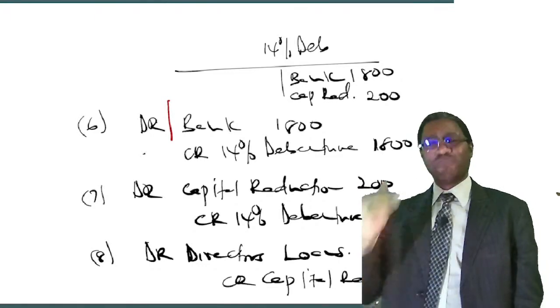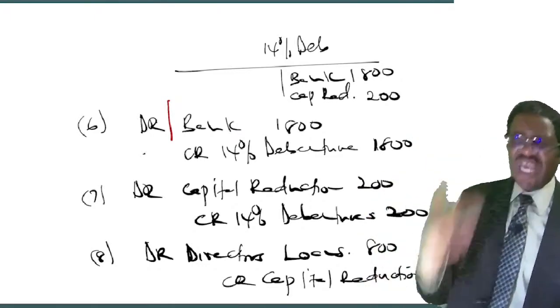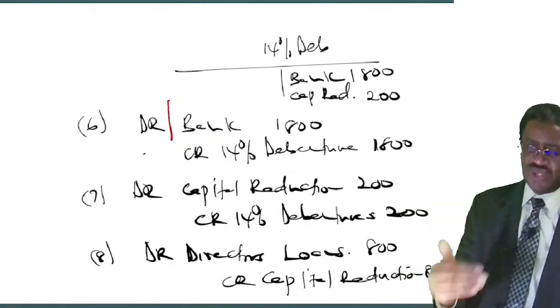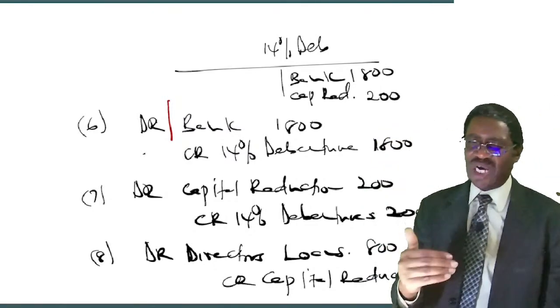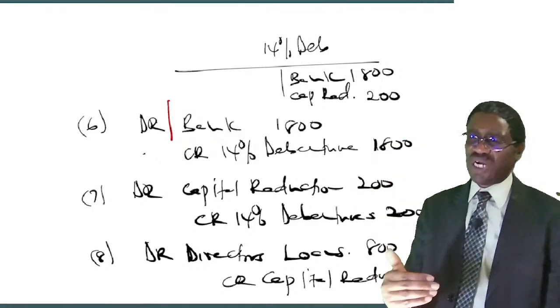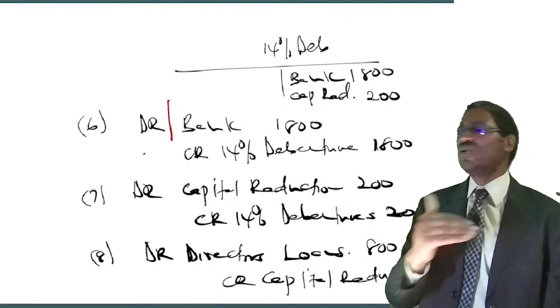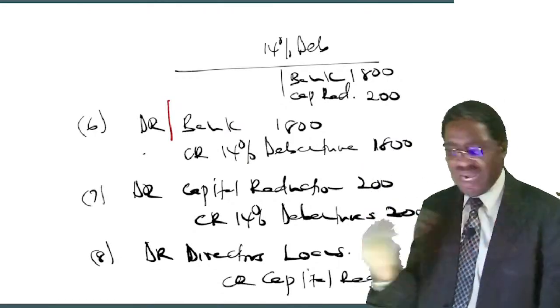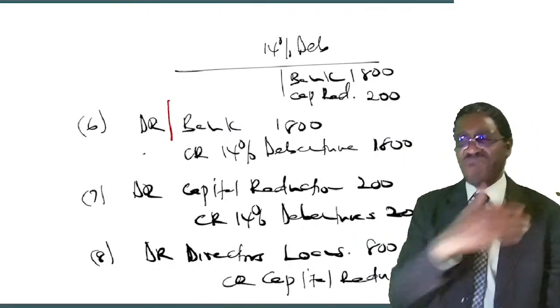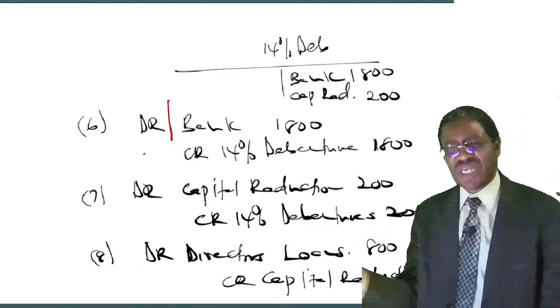Good. But I told you, whenever debentures or shares are issued, the debenture account or the share capital account must be maintained at its nominal value. It does not matter whether the shares or debentures are issued at a premium or at a discount.